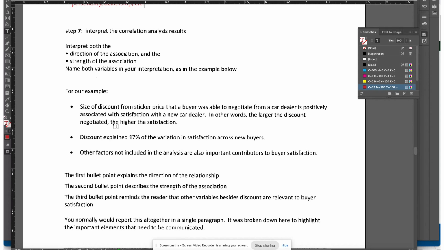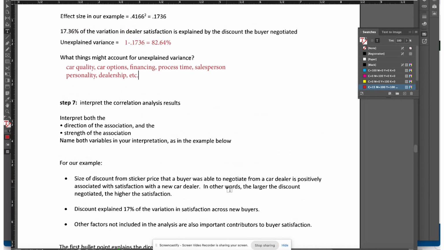So this first bullet point explains the direction of the relationship. It's positive, positively associated. Discount explains 17% of the variation in satisfaction across new buyers. So the second bullet point describes the strength of the association. That's the R squared.